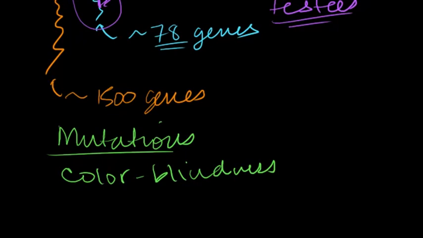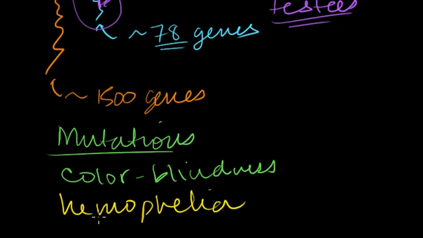Color blindness, and also hemophilia. Hemophilia is an inability of your blood to clot. Actually, there's several types of hemophilia, but hemophilia is an inability for your blood to clot properly. And both of these are mutations on the X chromosome.